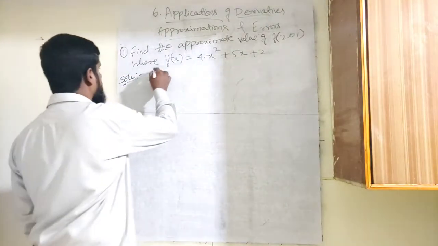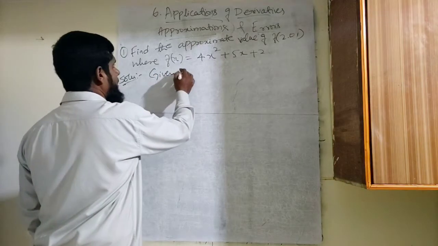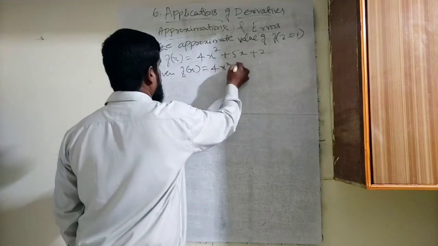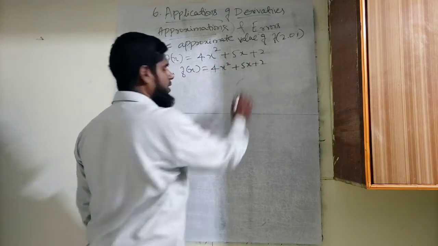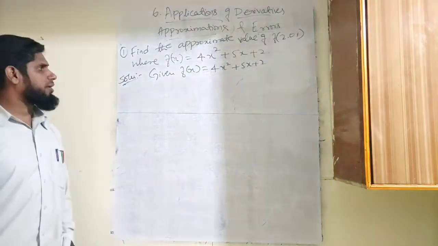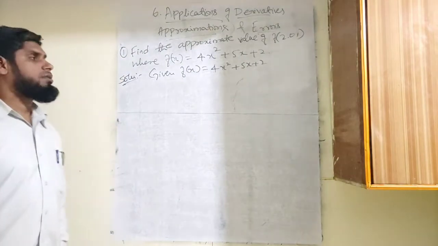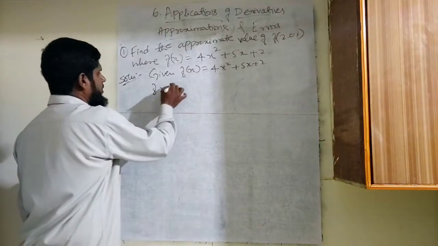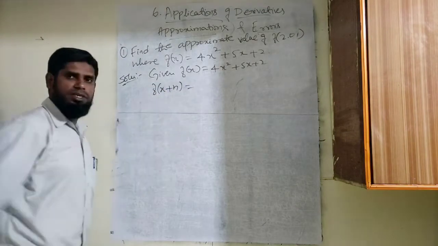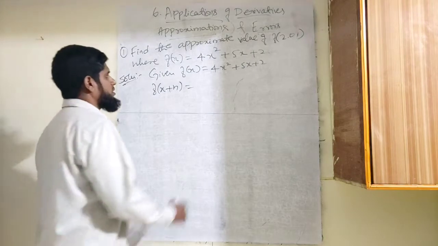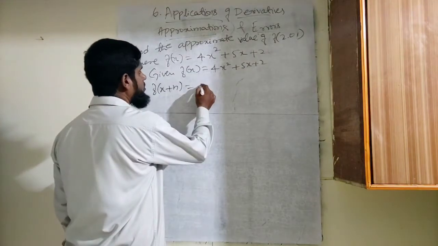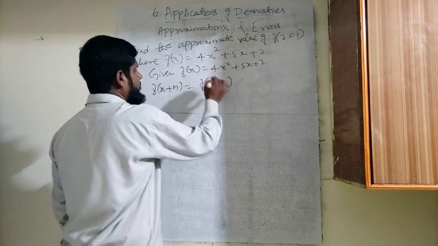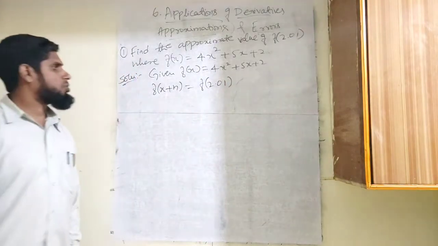Given f of x is equal to 4x square plus 5x plus 2. This is a given quadratic function. So here f of x plus h is f of 2.01.